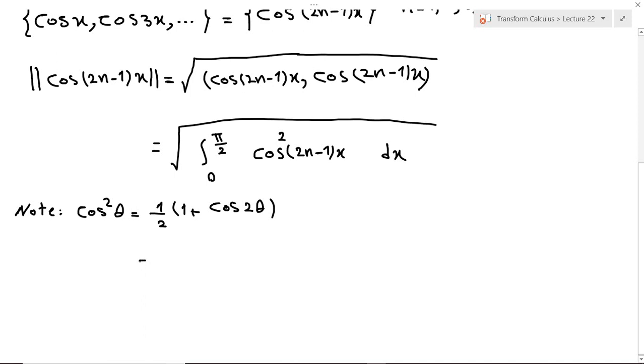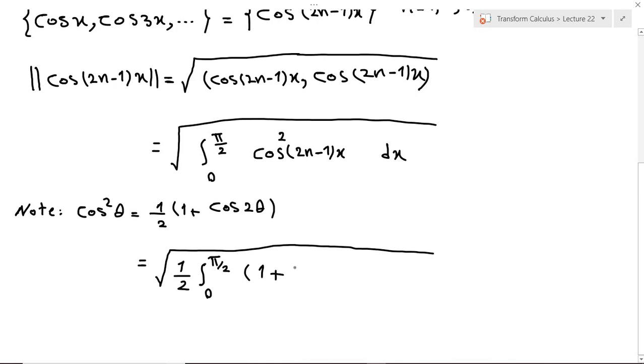As a result, the norm is equal to the root of half the integral from 0 to pi over 2 of 1 plus cosine 2 theta. So here theta is 2n minus 1 times x, so it's 2 times 2n minus 1 times x, dx.